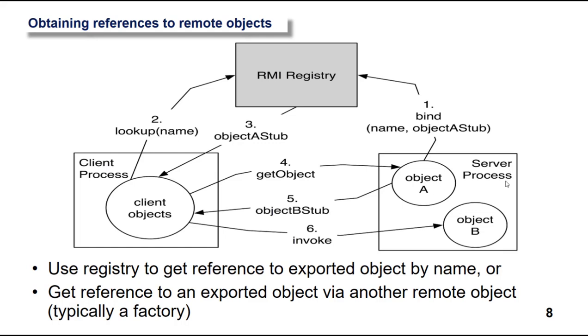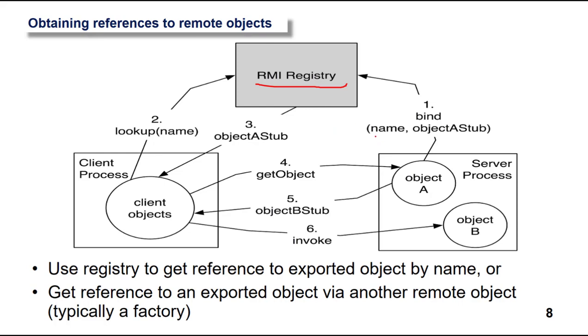The first thing the server process needs to do is place the first object inside the RMI registry. Think of the RMI registry like a telephone book, essentially. It's a way for the client to look up how to gain access to the object.